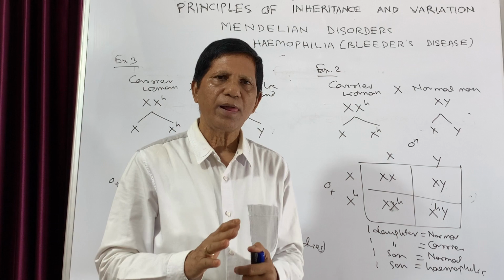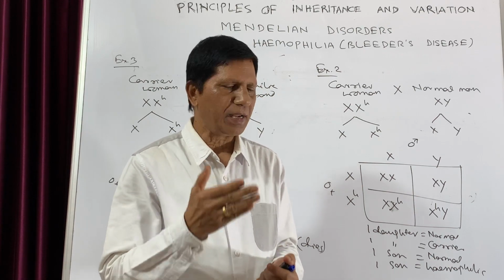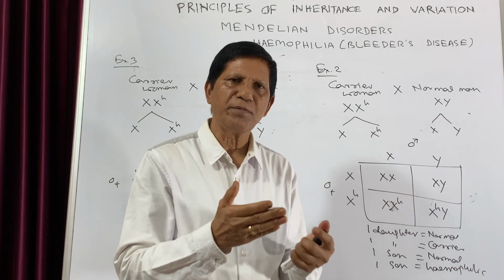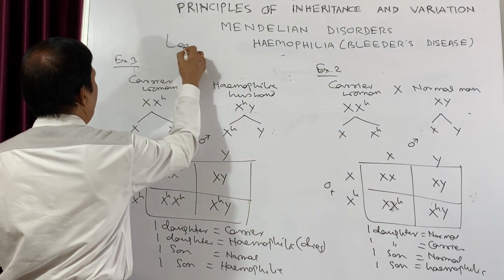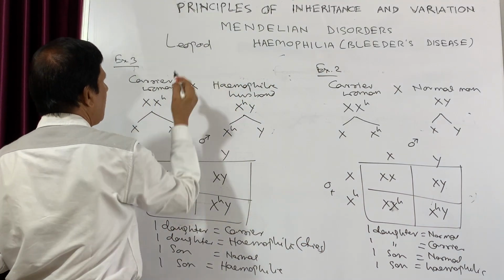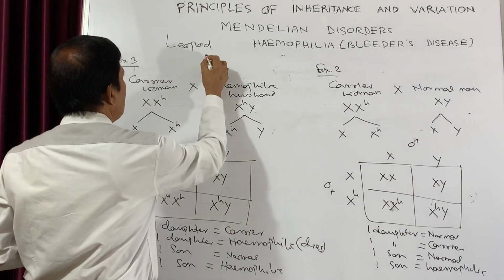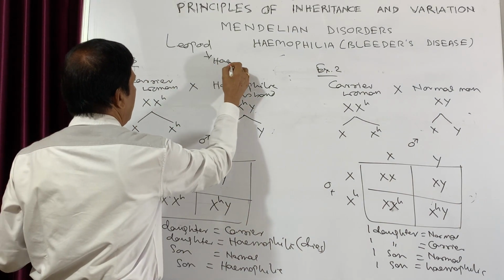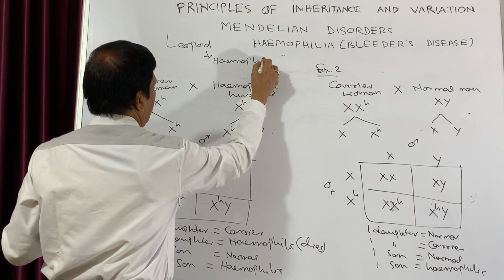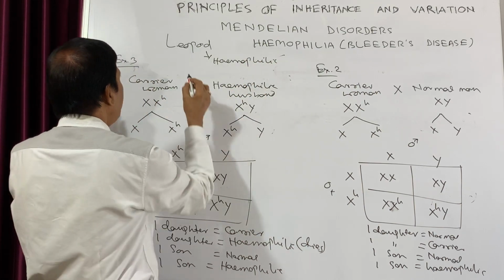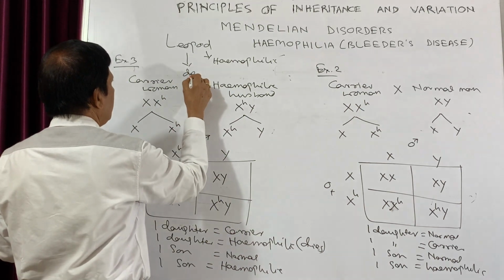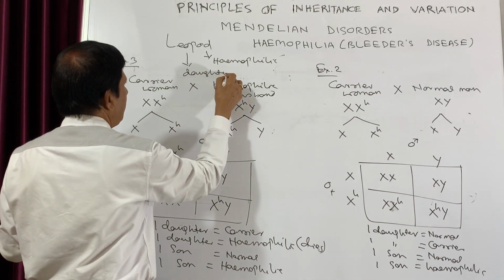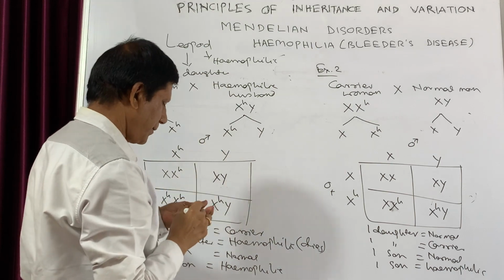But anyway, Queen Victoria gave birth to a son, and the name of the son is Leopold. So naturally, Leopold was also hemophilic, and Leopold also fathered a daughter. That means he has also one daughter.